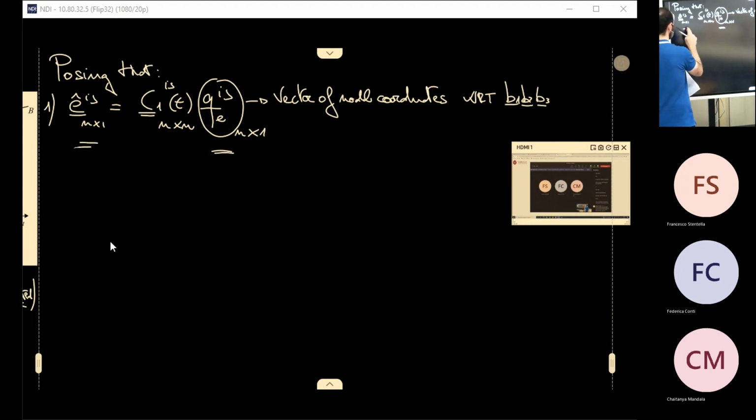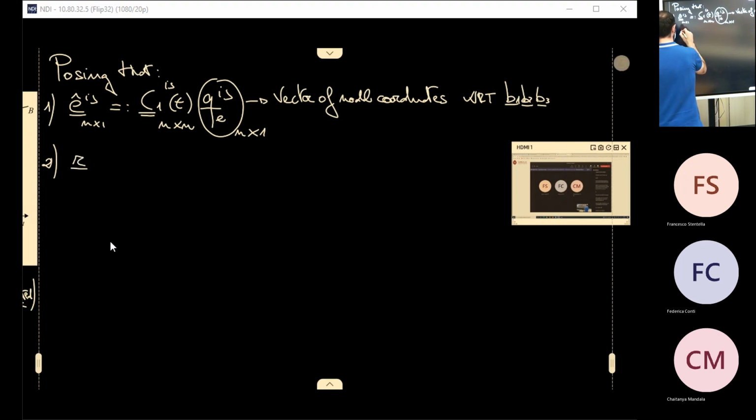The same exact kind of reasoning was applied not to the vector of nodal coordinates, but just to the vector of position. So this is basically a definition. So you can actually put the 2 points from right to left, and this is a definition.